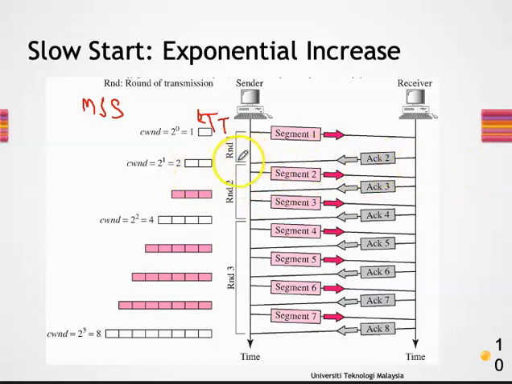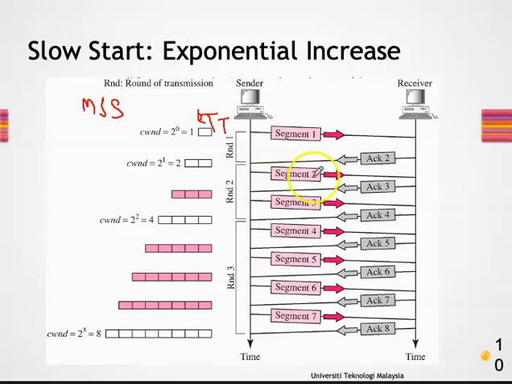After the first acknowledgement has been received, the CWND size is increased to 2 MSS, which is 2 power of 1. Because of that, 2 segments are sent before we can consider the second round completed.